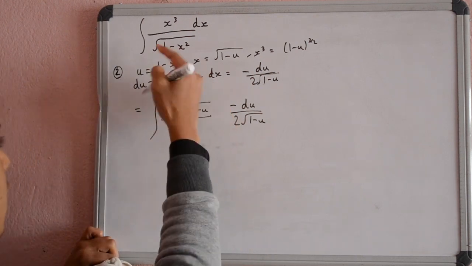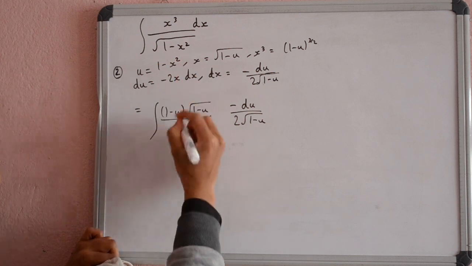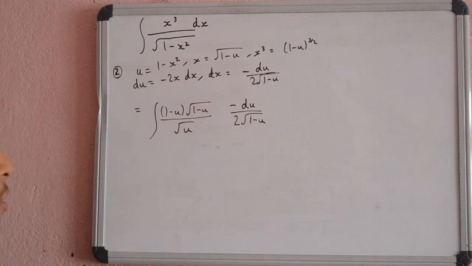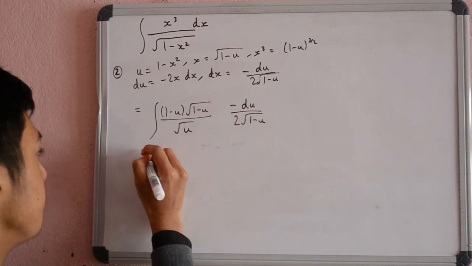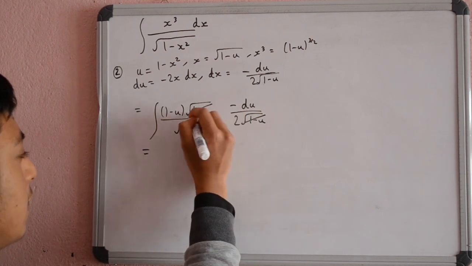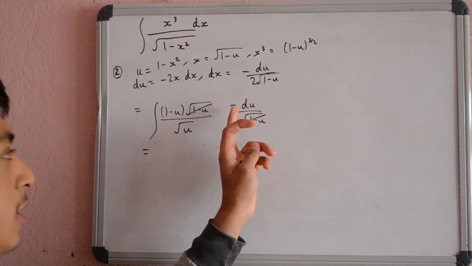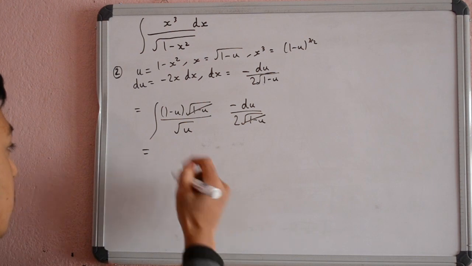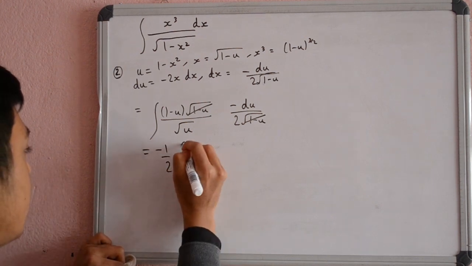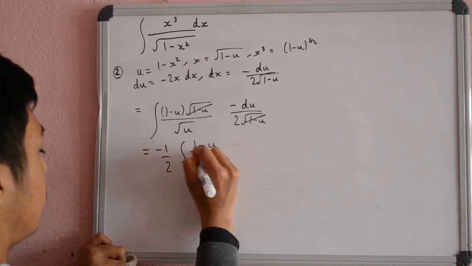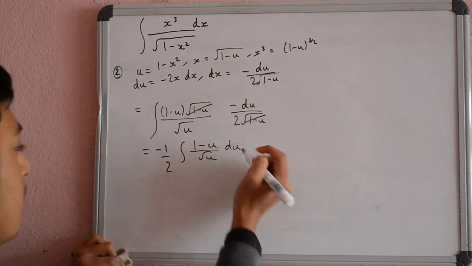This whole by root 1 minus x square. So as I mentioned earlier, it's just root u. So this and that will cancel out, and let's just put this minus and the 2 outside. So this will become minus 1 by 2 integration of (1 minus u) by root u du.